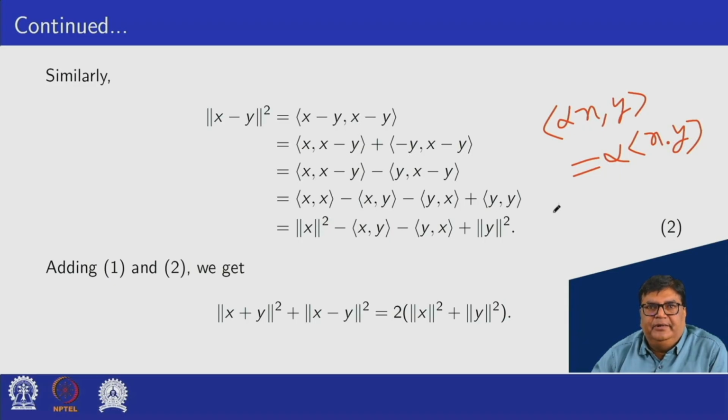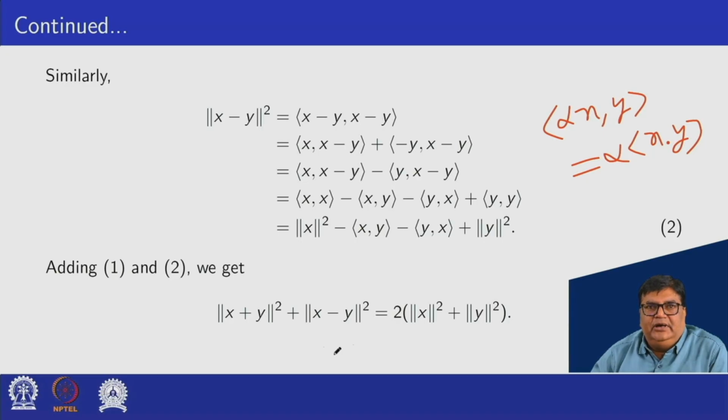Okay, this is very simple. And the inner product of x, x is norm x^2, and this is as it is minus the inner product of x, y, and also minus the inner product of y, x, and this is norm y^2. Equation 2.